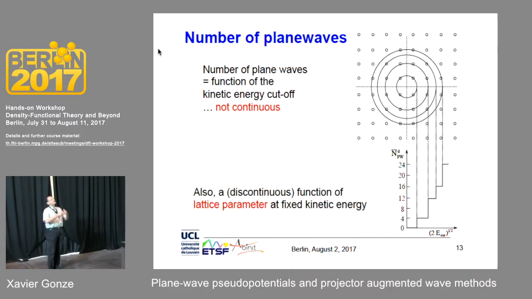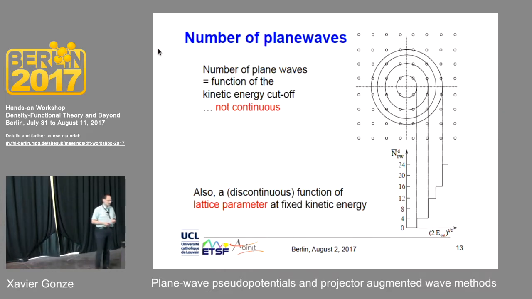I'm selecting a finite number of plane waves. If I take this circle, I'm selecting 1, 2, 3, 4 plane waves. If I increase the cutoff energy, I will include in the circle also these 8 plane waves. I'm going to 12 plane waves, then 16, then 24, etc.